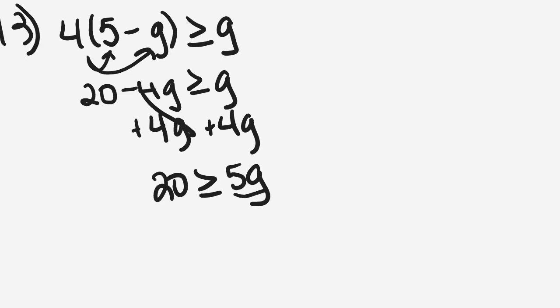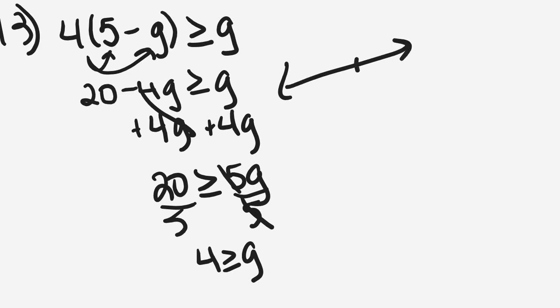He's hanging out with that 5, so we got to divide it out. Those go away. 20 divided by 5 is 4. So we get that 4 is greater than or equal to g, which on a number line looks like this. That is a filled in circle because we have that or equal to. It includes the 4. And we want all the g's smaller than 4, so that way.